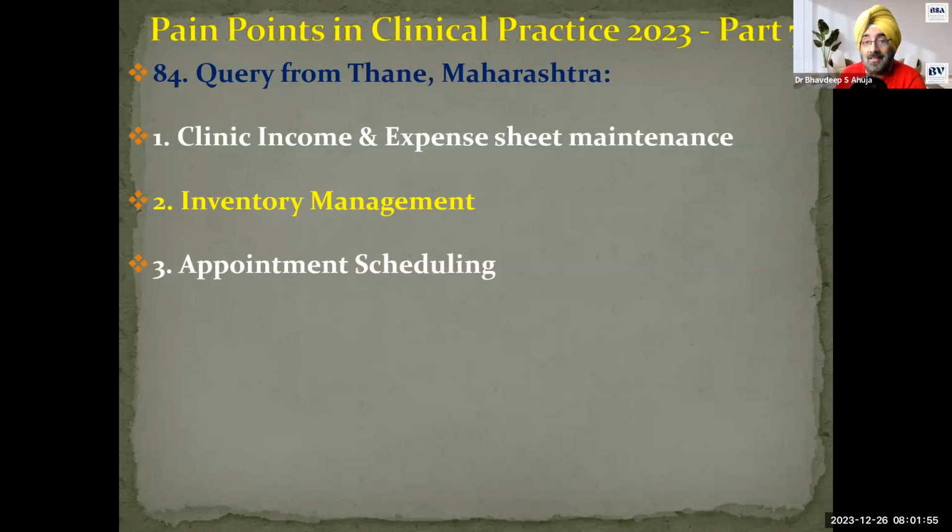That is to be counted as a repair expense only. But if you buy an RVG, a CBCT, an endo motor, or any such gadget, it is to be counted under the asset side.